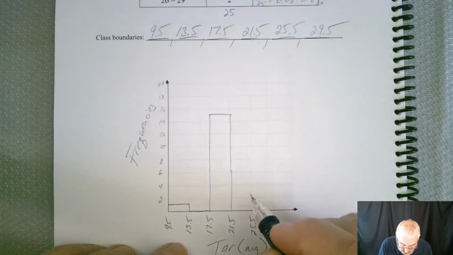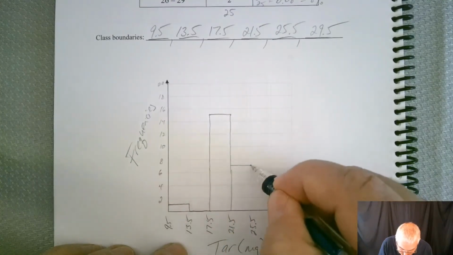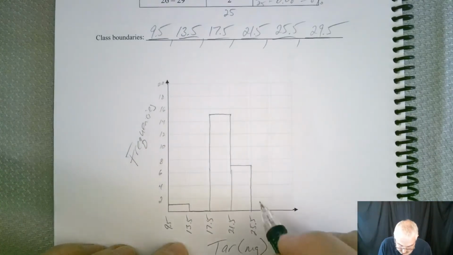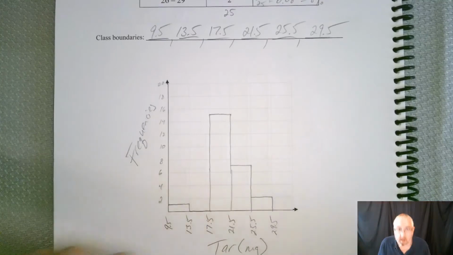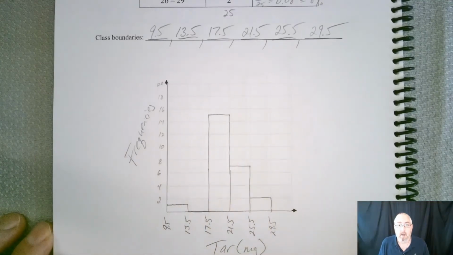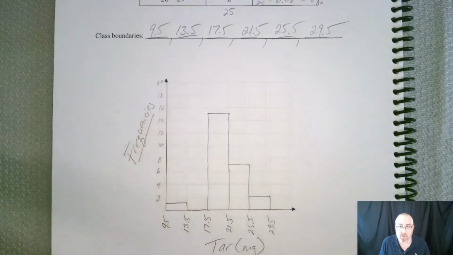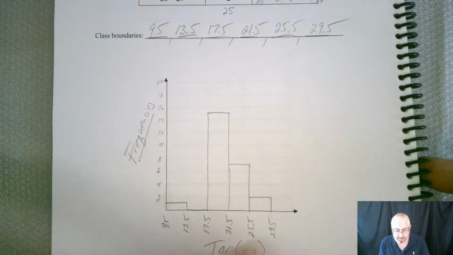And then we're going to go up to 7. And then up to 2. All right. Again, not anything too drastic. It's a little time consuming, obviously, but you just got to put the time in and you will get it.